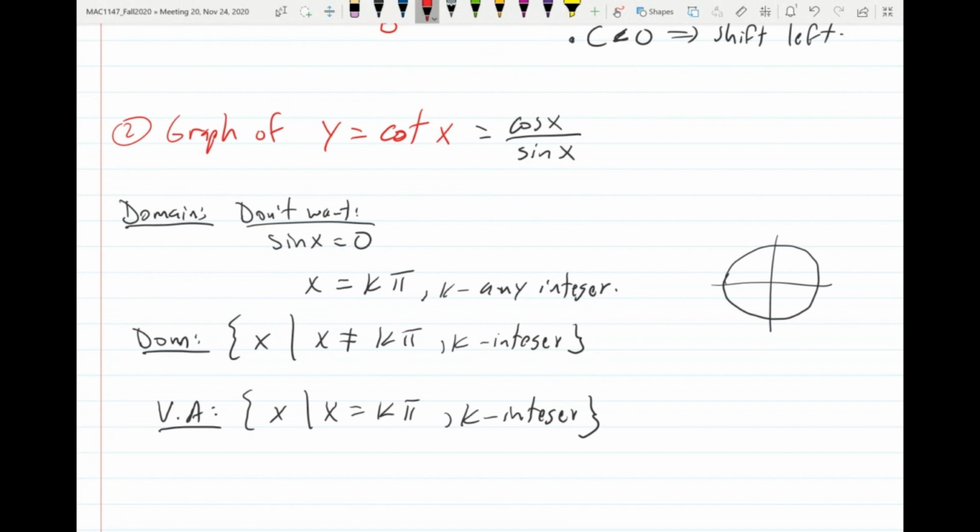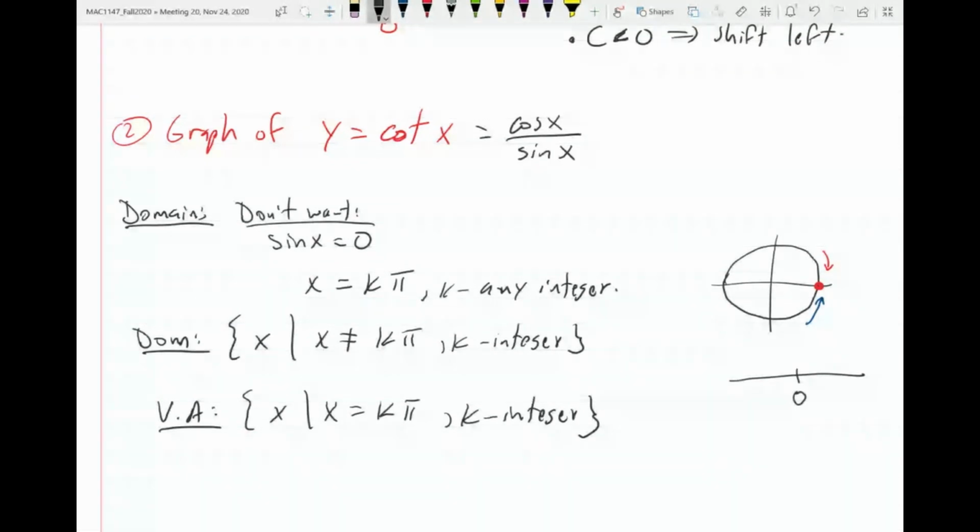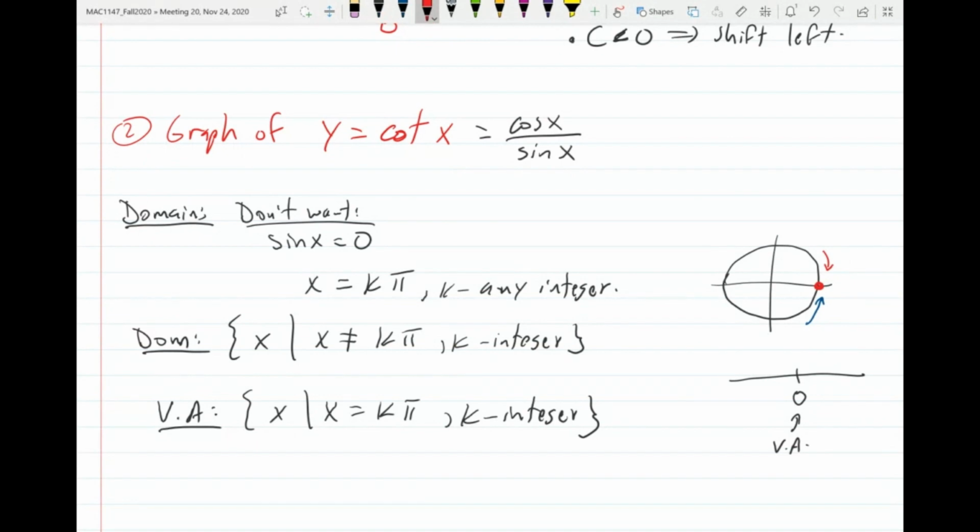When we get close to 0, we can do this with values bigger than 0, or we can do it with values less than 0, okay? So let's see, here we have 0. We know we're going to have a vertical asymptote right here. Now, what if we approach 0 from the right with values bigger than 0, or what if we approach 0 from the left with values less than 0?